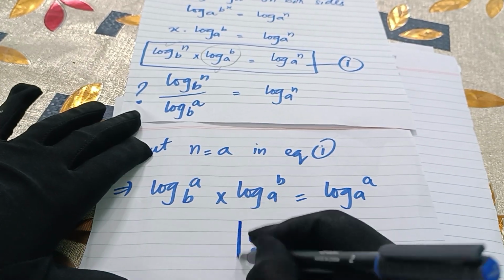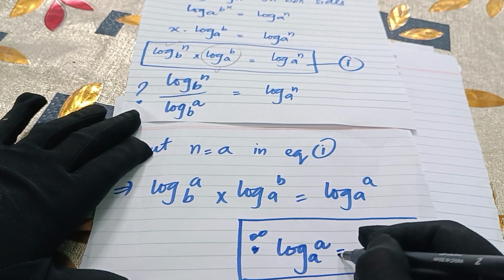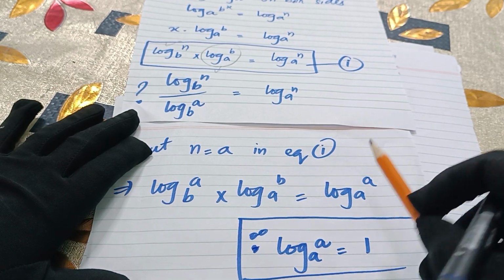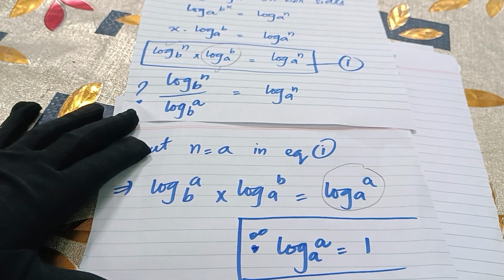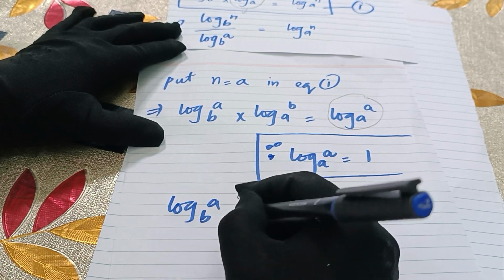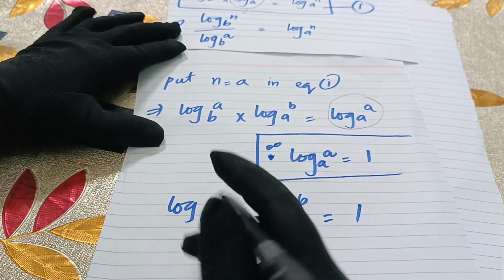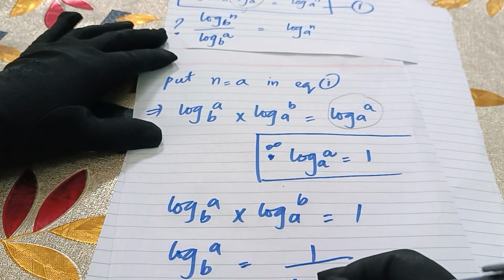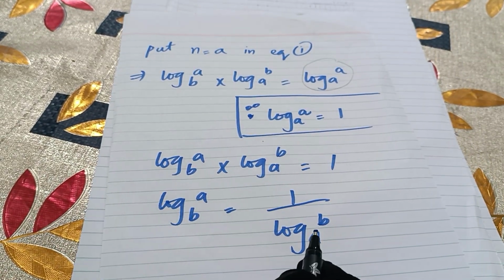We know that the log of any number with the same number as base is equal to 1. So log_a a equals 1, and this takes the form log_b a times log_a b equals 1, so log_a b will be equal to 1 over log_b a.